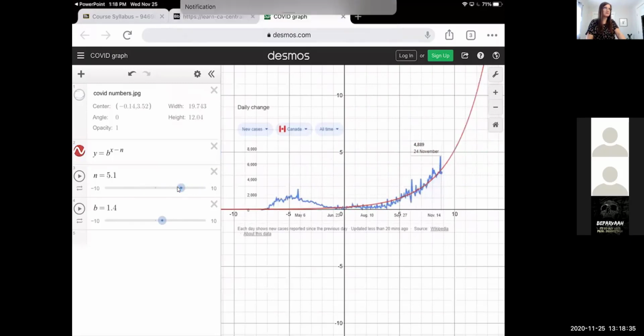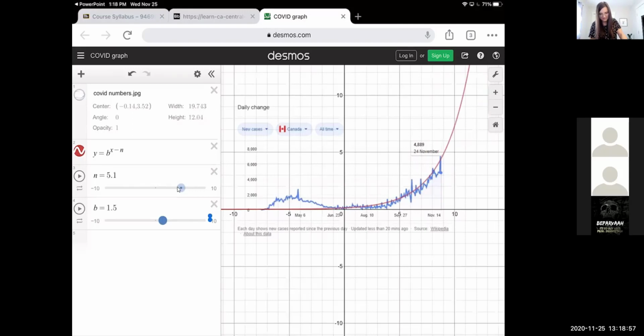And so that curve is really like, currently it is 1.4 as the base, and then a shift of about 5. And these numbers are not corresponding because I didn't match the scale up or anything. But the 1.4 is more of what that base rate is approximately.